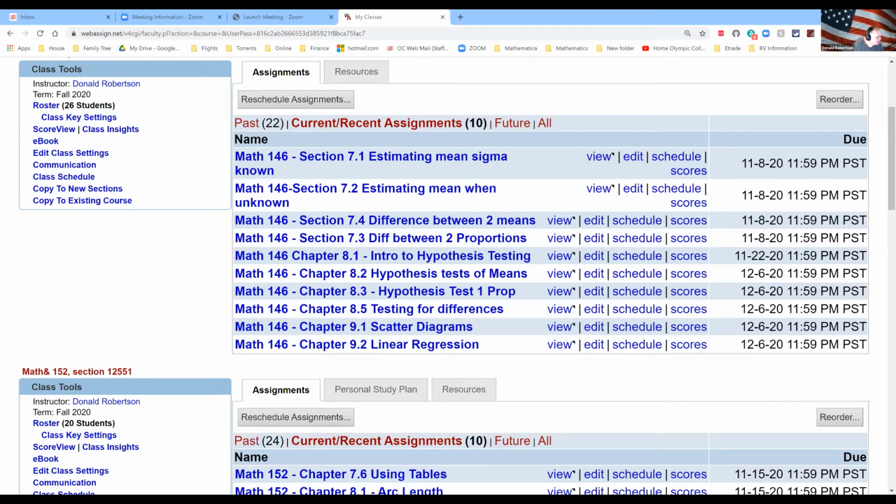Right, here we go. Just getting myself set up.